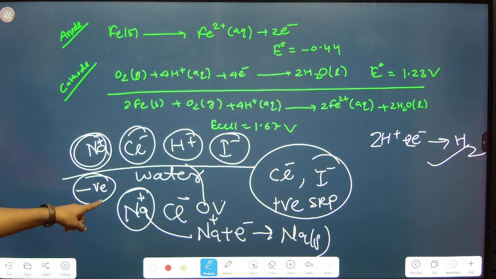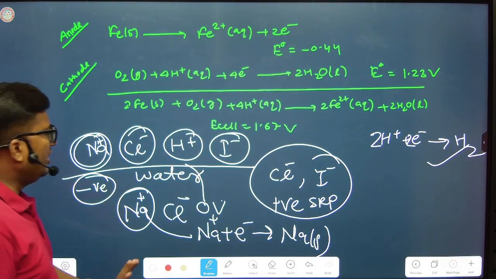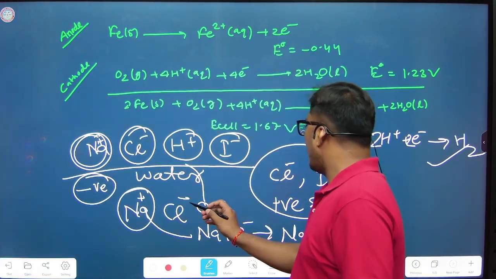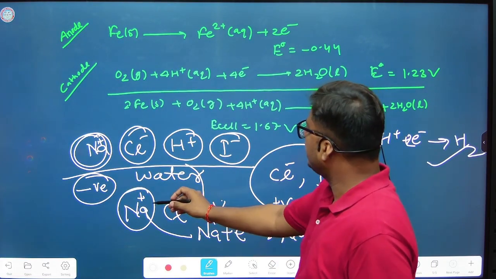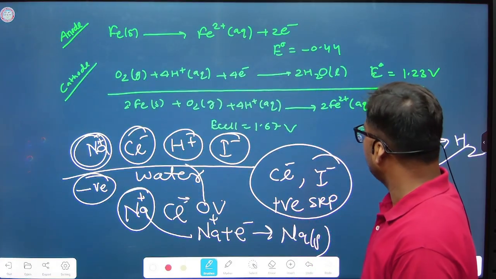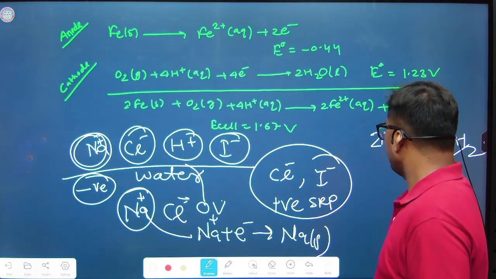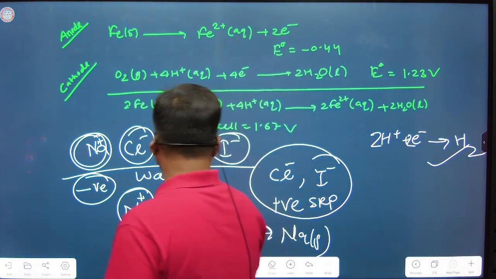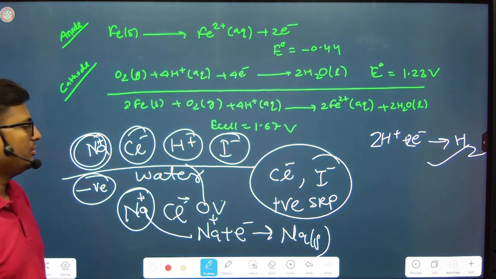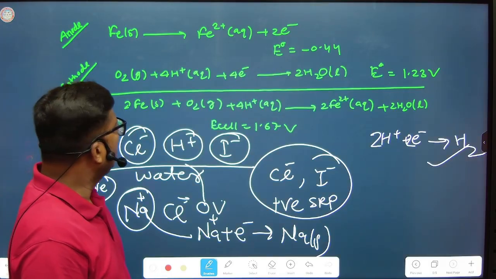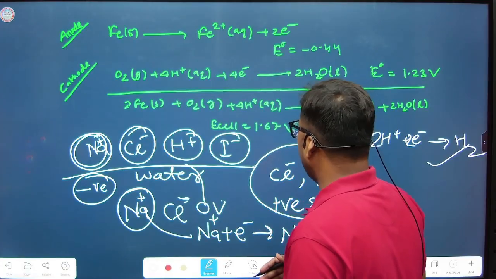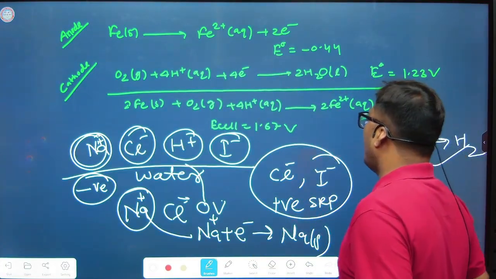Because of the standard reduction potentials, one has a high positive value and the other has a negative standard reduction potential, so this Na plus is easily reduced. Okay. So with knowledge of the standard reduction potential, electrolysis can be predicted.